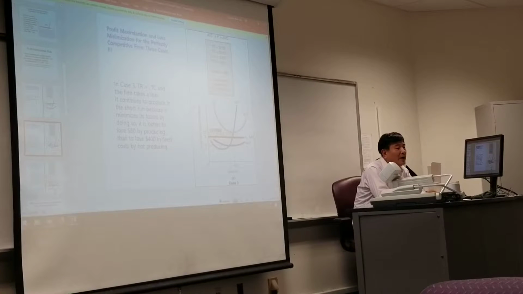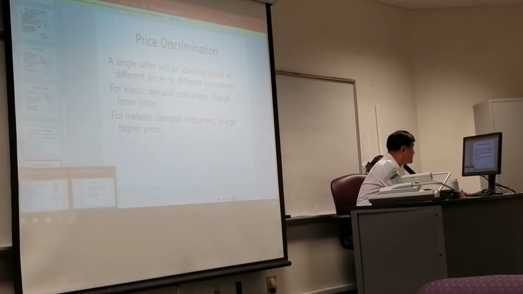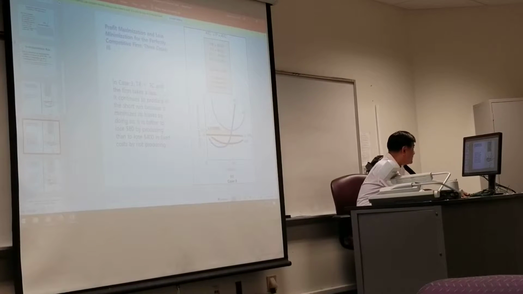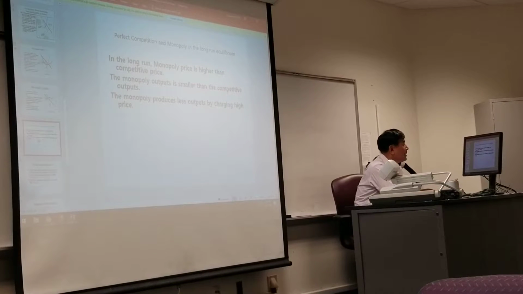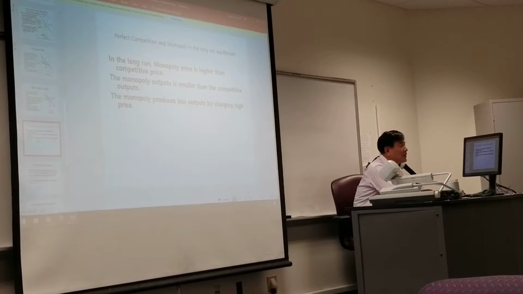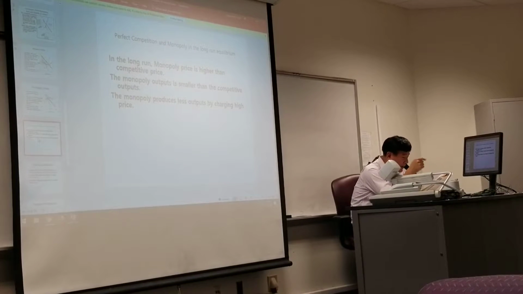When you compare output and price between monopoly and perfect competition markets, which market charges a high price? Monopoly or perfect competition? Monopoly charges a high price. About output, which one produces more output? Perfect competition, okay? So one question from your handout.